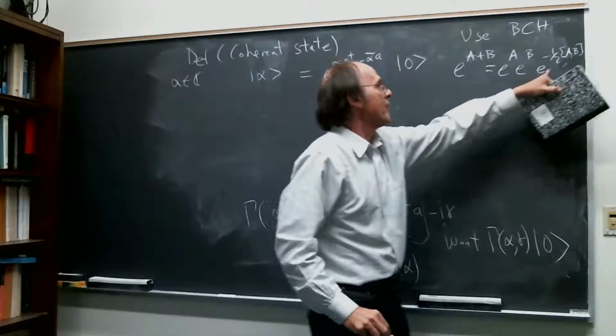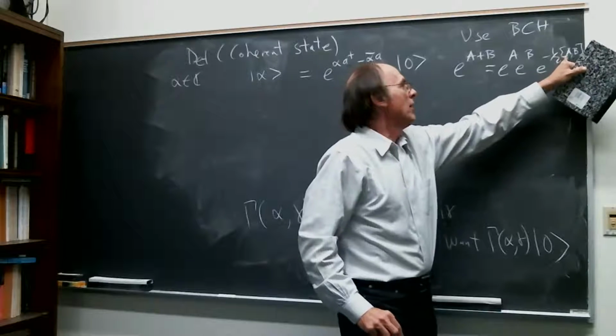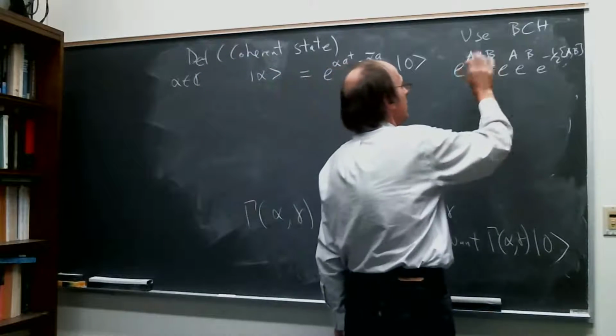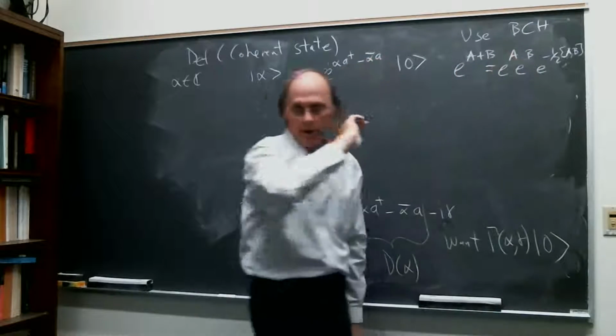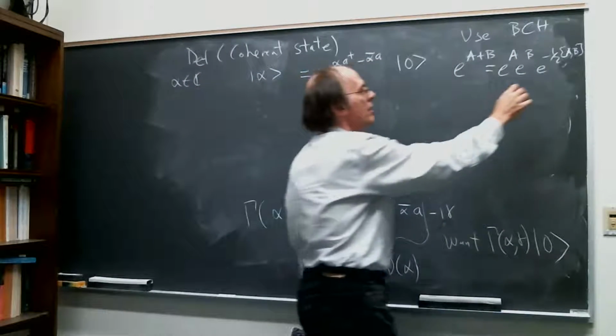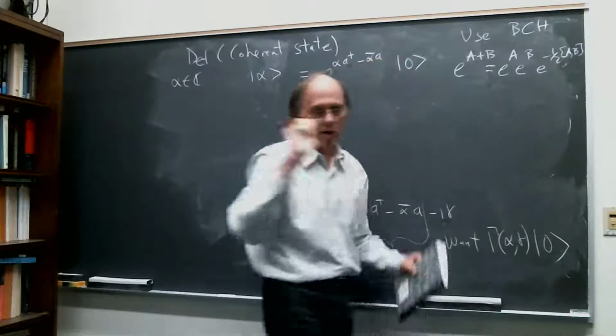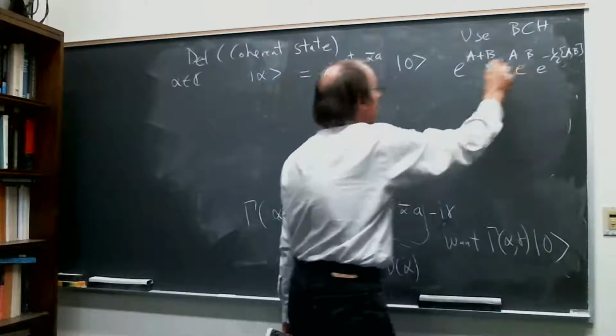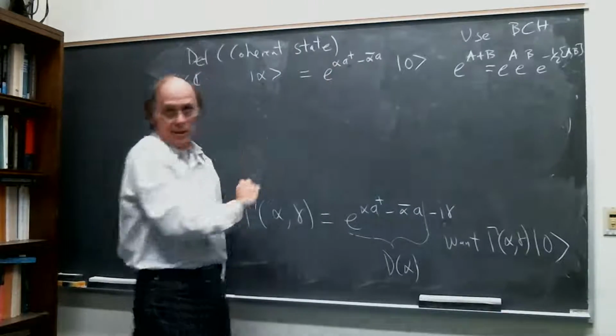This occurs if there are no higher commutators. If you took more commutators between A and B, they'd all be zero.